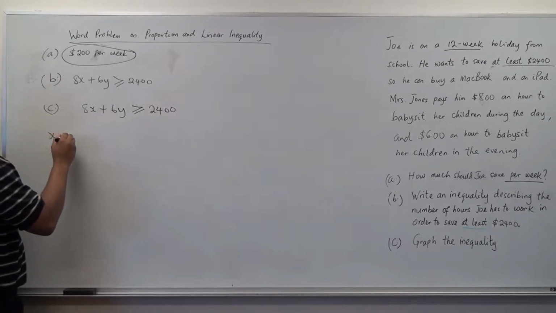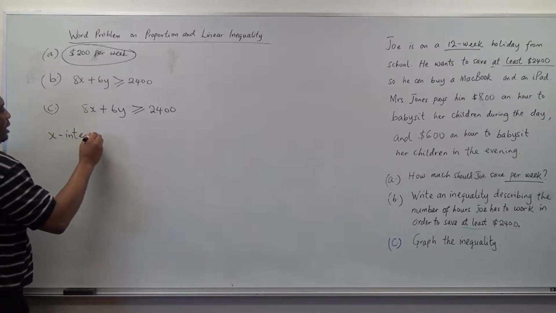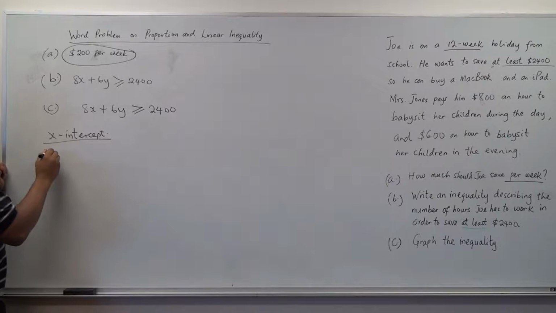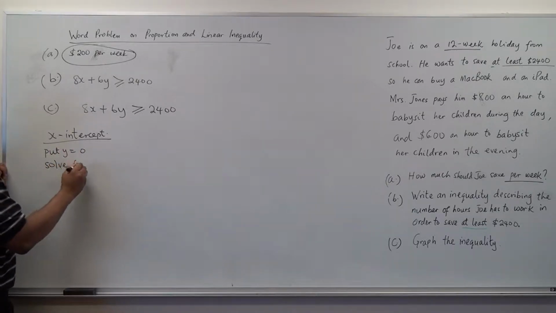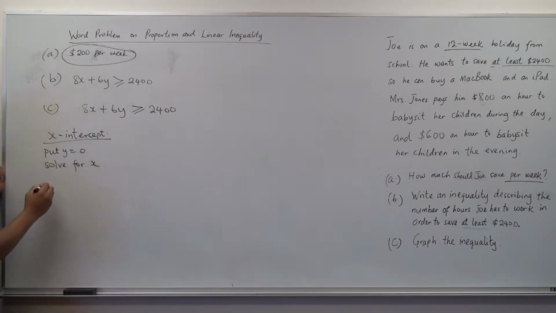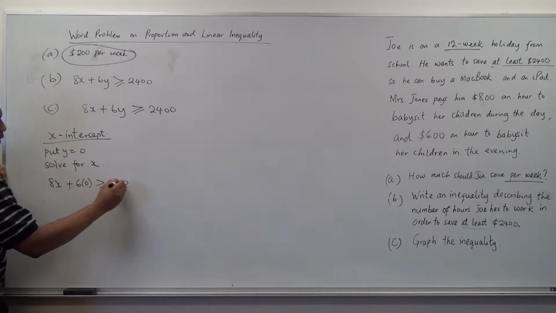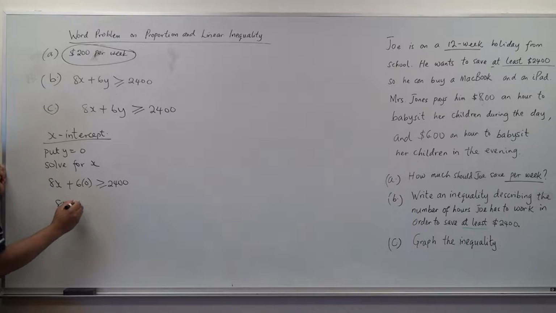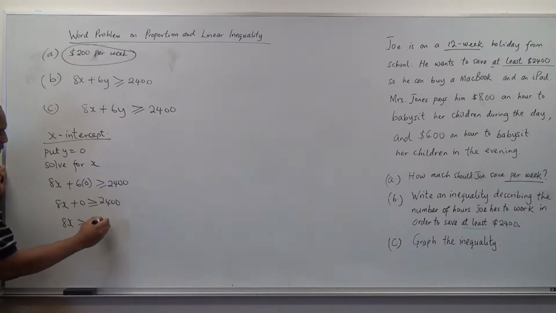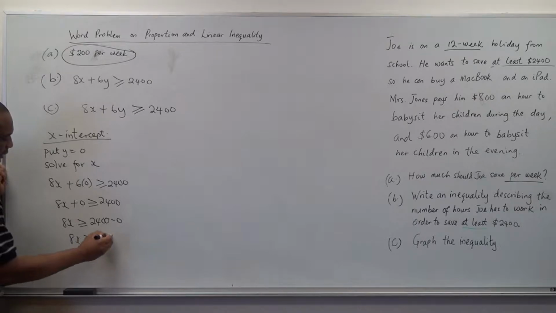The first thing we do is find the x-intercept, and to find the x-intercept, put y to be 0 and solve for x. So we now have 8x plus 6 times 0 greater than or equal to 2400. 8x plus 0 is greater than or equal to 2400. 8x is greater than or equal to 2400 minus 0, so 8x is greater than or equal to 2400.